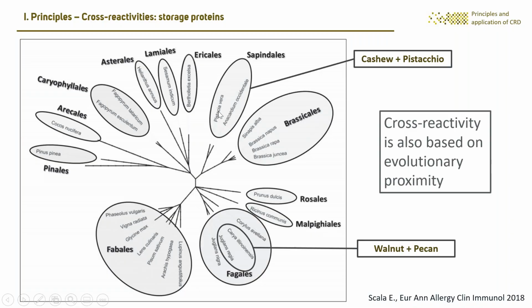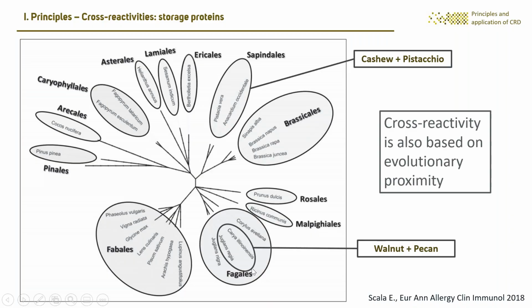This means these species are quite close to each other regarding their evolution. And this has a consequence because if a patient has IgE to 2S albumin from pistachio, he would cross-react with 2S albumin from cashew, but not with the corresponding 2S albumin from walnut or pecan.